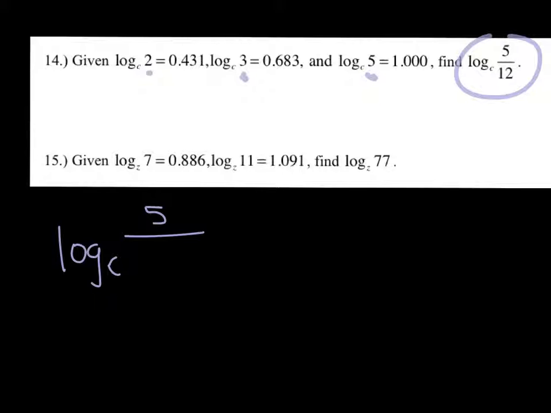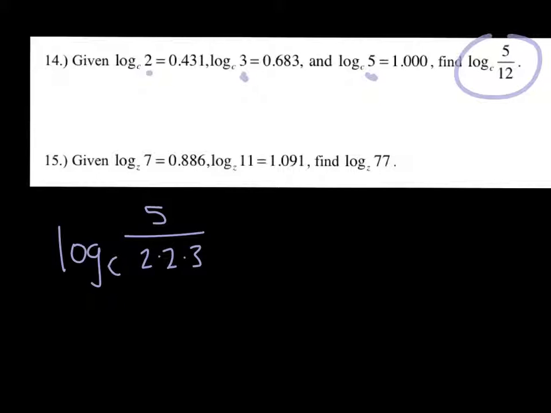We have 2's and 3's. We can get to 12 by using 2's and 3's. 2 times 2 is 4, so we would need times 3. So we're going to use our expanding rules to find the value of log base C of 5 over 12.